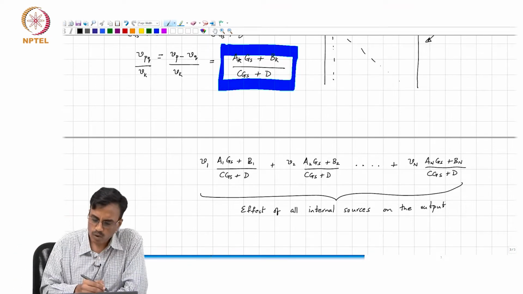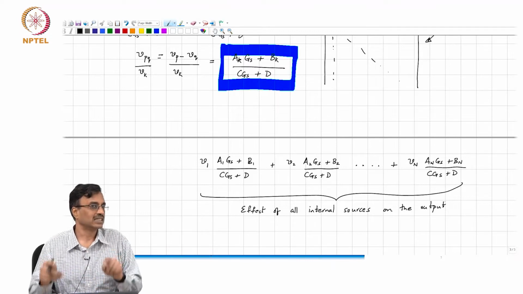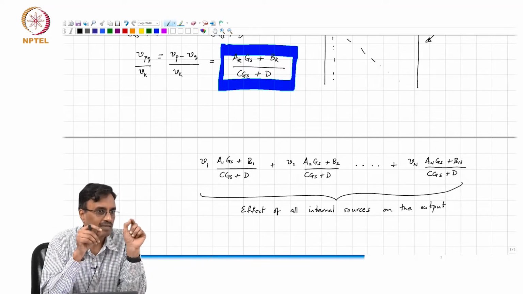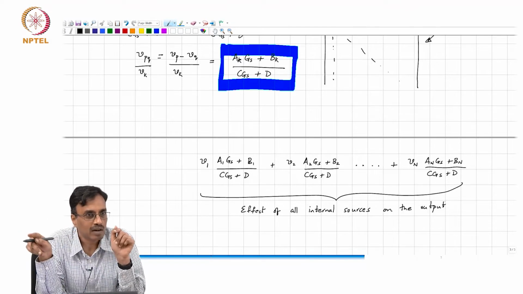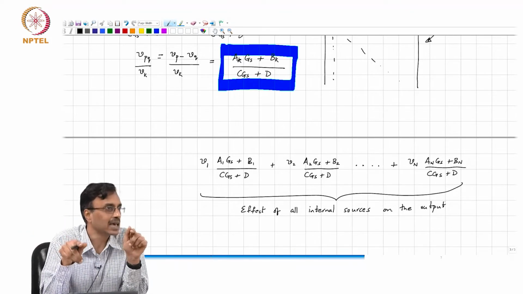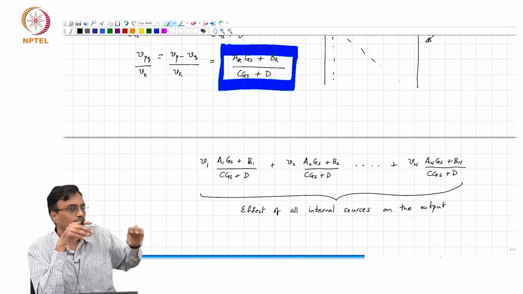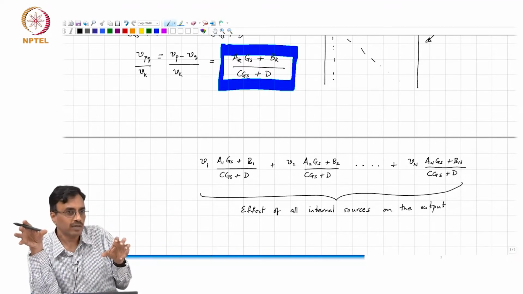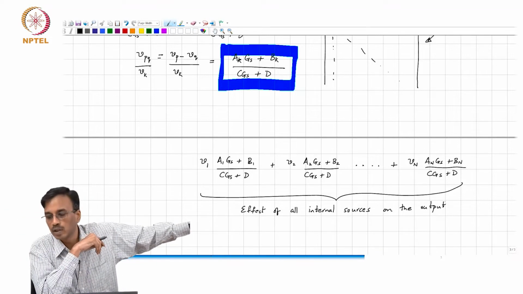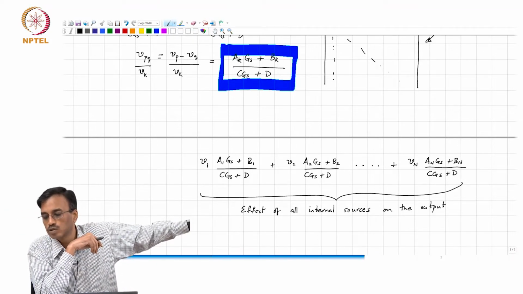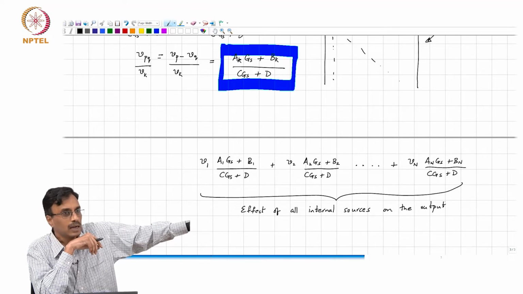Excellent. So now we want to find a single voltage source V equivalent whose effect at the output of the amplifier is exactly the same as the effect of all these internal noise sources on the output. This is the effect of all the internal noise sources, all the internal sources on the output, correct?